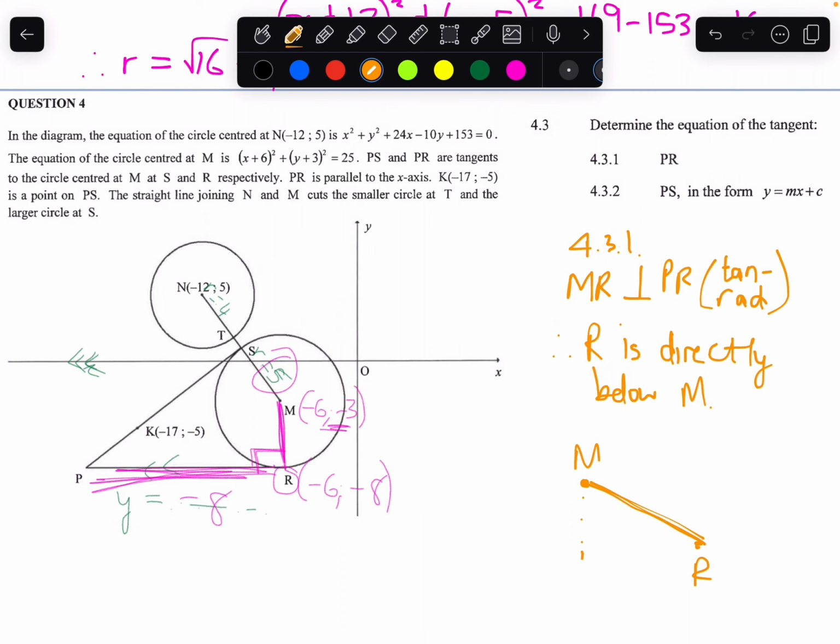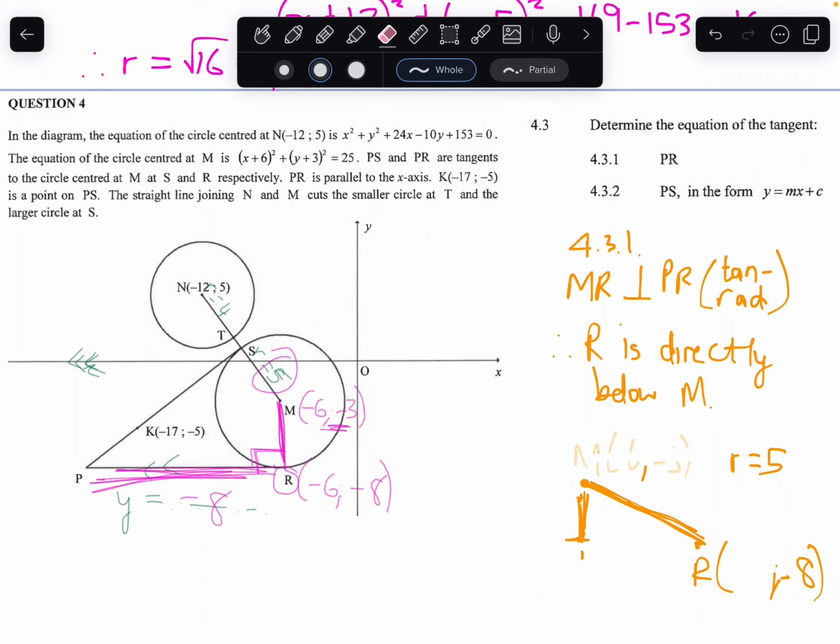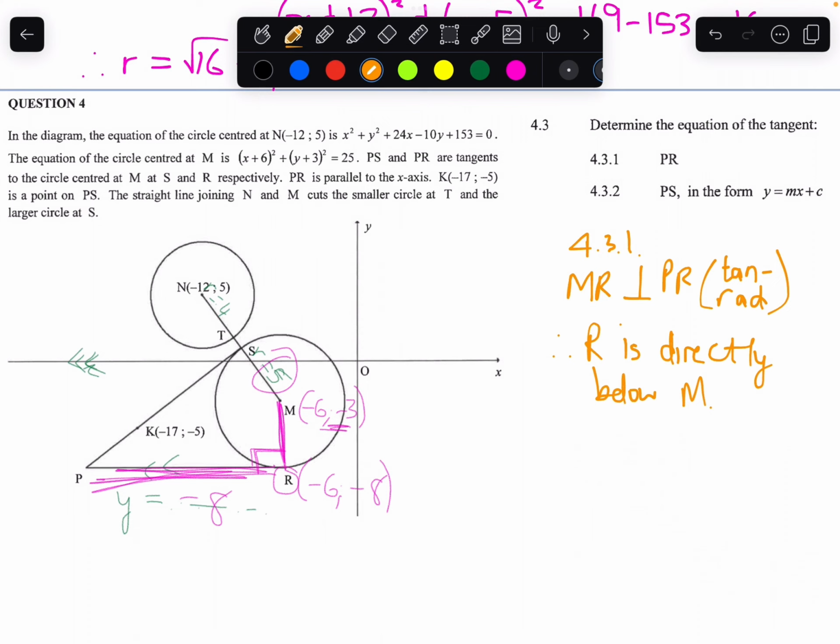So then if we knew that the coordinates of M are, so we do in fact know the coordinates of M are -6 and -3, and we know that the radius is 5 units, we can't just say the y-coordinate of R will be -3, -8. We can't, because of that slant, this is actually then the vertical distance between M and R is shorter than 5 units. So without showing that these two lines are perpendicular, you can't then apply the next knowledge that we're about to apply.